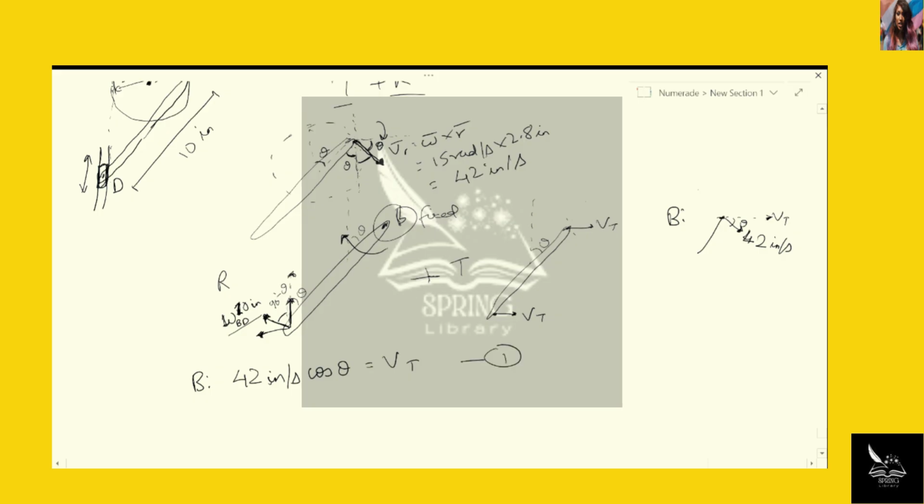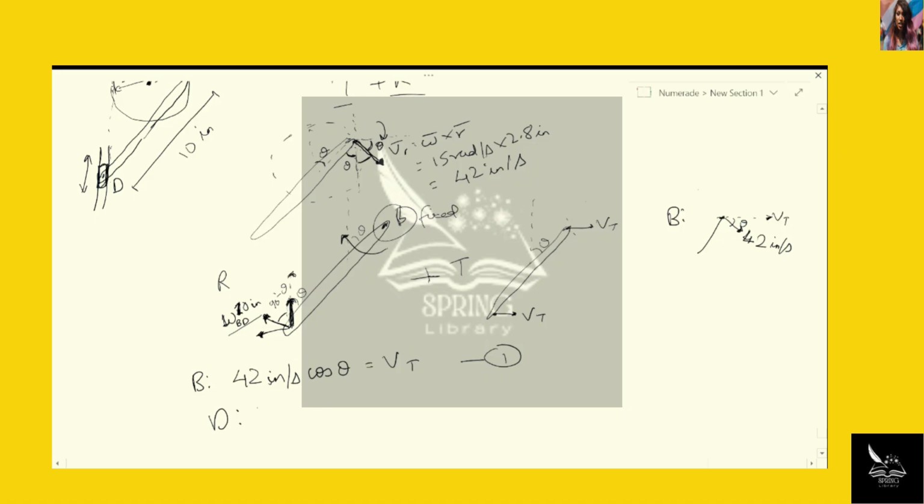That's equation 1. And then if we look at point D, at point D we know that the velocity of point D is going to be only along vertical.